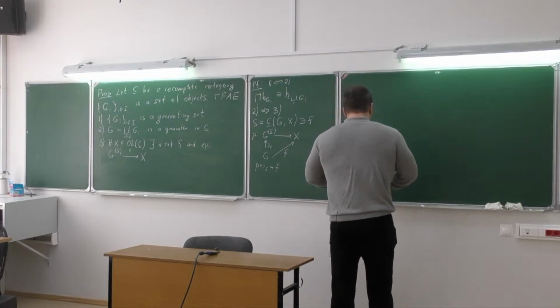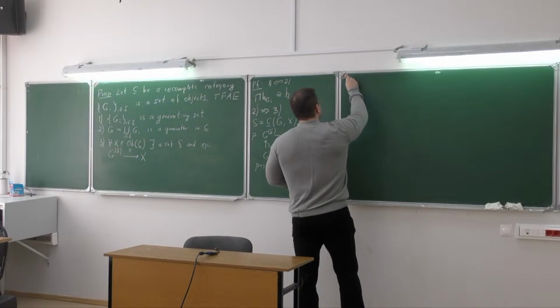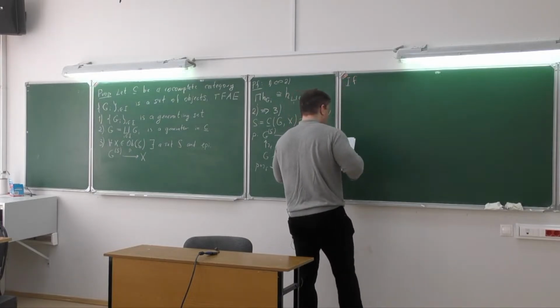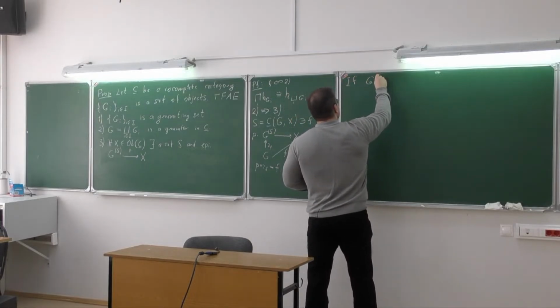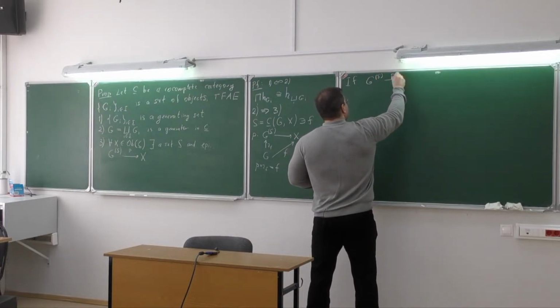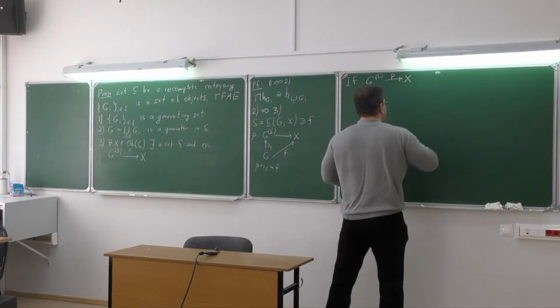Now let's check that this is an epimorphism. So suppose we have the following fork diagram. So we have G to the S, map to the X, and then there are two other maps.